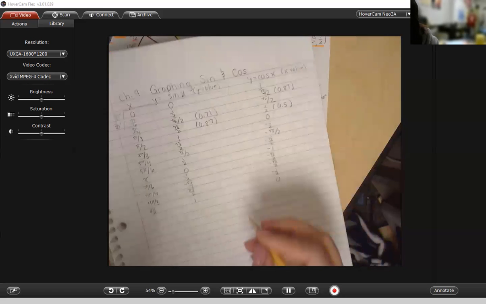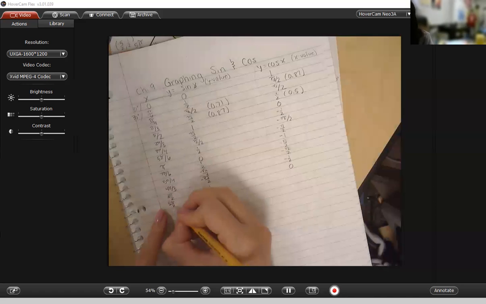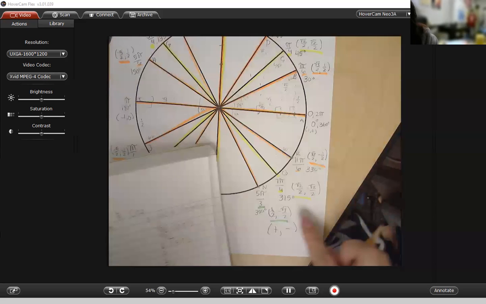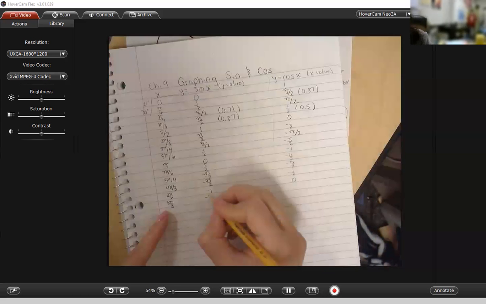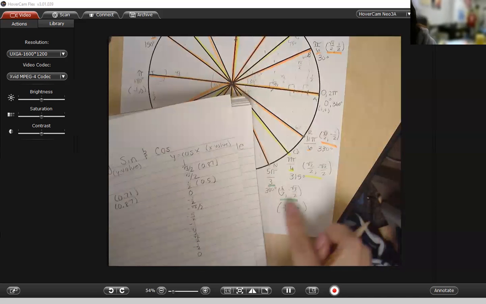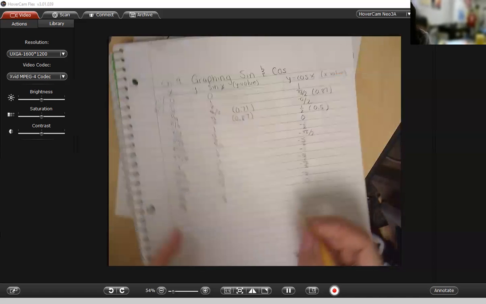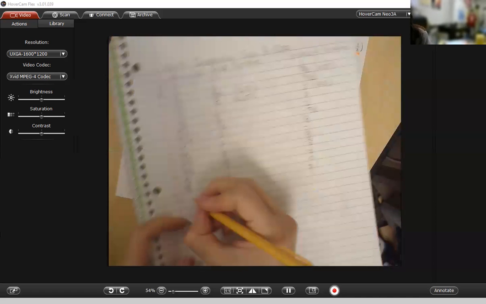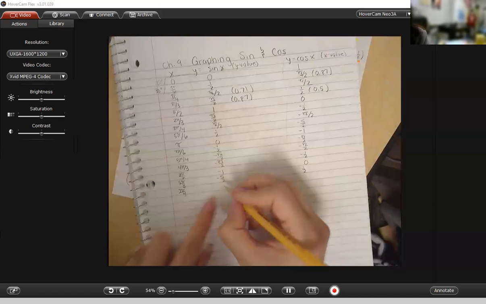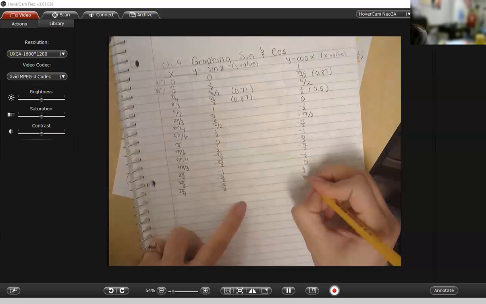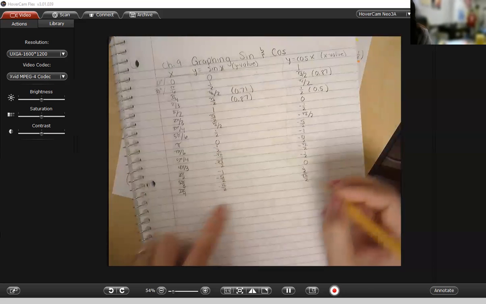Okay, last quadrant. 5 pi over 3. My sine is negative rad 3 over 2. And my cosine is positive 1/2. And then 7 pi over 4. My sine is negative rad 2 over 2, and my cosine is positive rad 2 over 2.